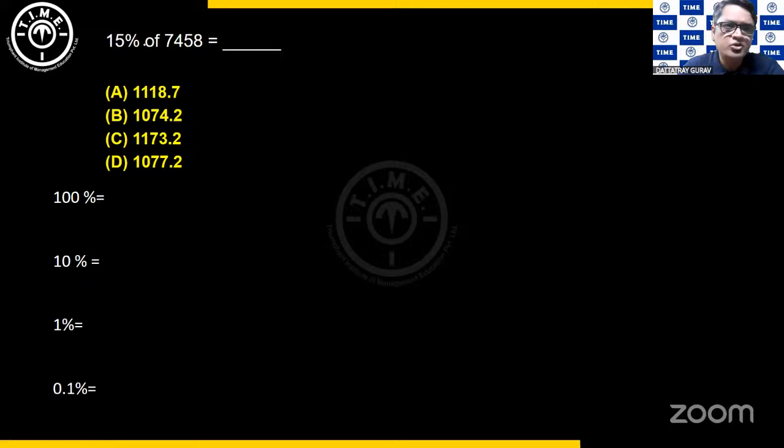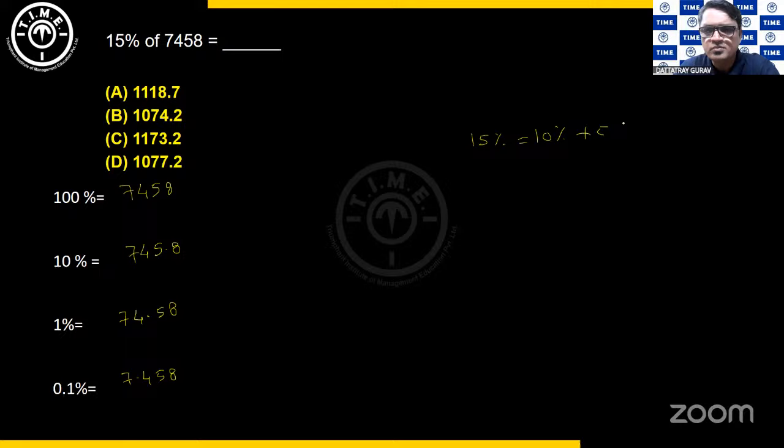Next, I want 15% of 7458. So I can make a table. What is 100% equal to? It will be 7458. What will 10% be? 745.8. What will 1% be? 74.58. What will 0.1% be? 7.458. But what is my target? 15%. So first find out 10%. What does 15% mean? It's simply nothing but 10% plus 5%.